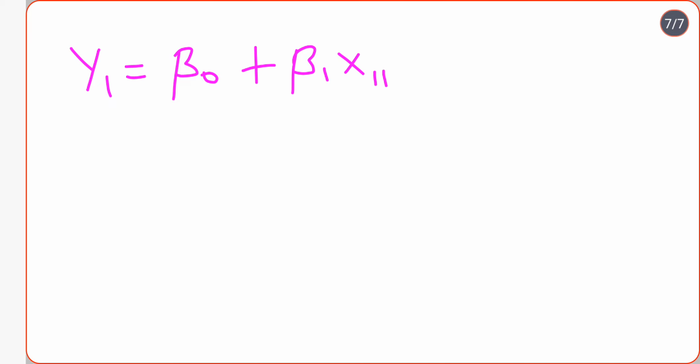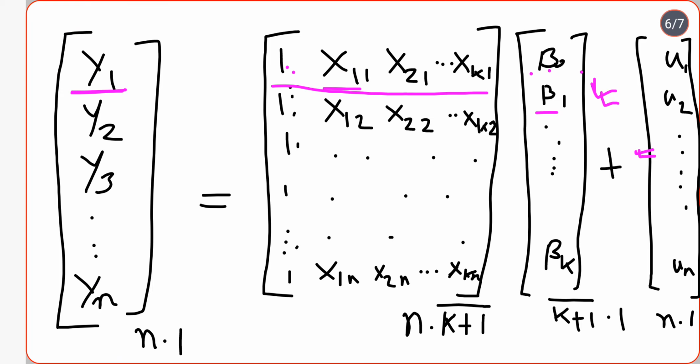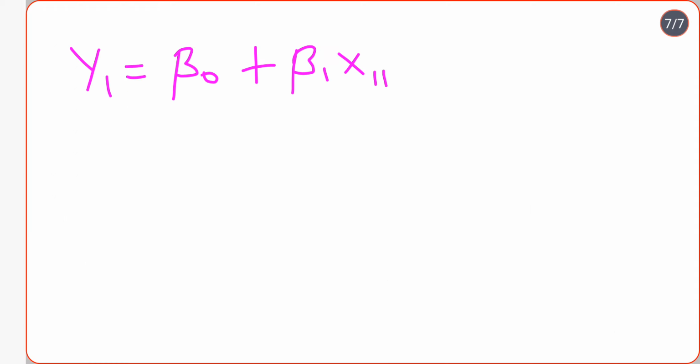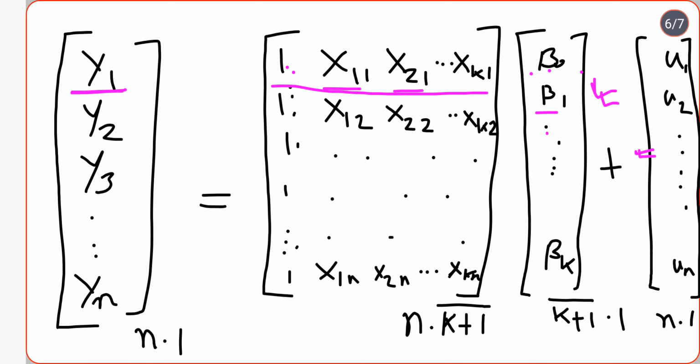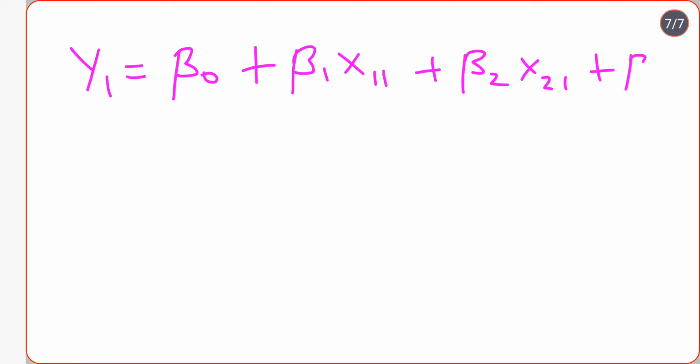I hope you all know the basic rules of matrix multiplication. Then this x21 will be multiplied with beta 2, which is not written here but it was there. So we get beta 2 x21, plus the last one, xk1, which will be multiplied with beta k, so it will be beta k xk1.